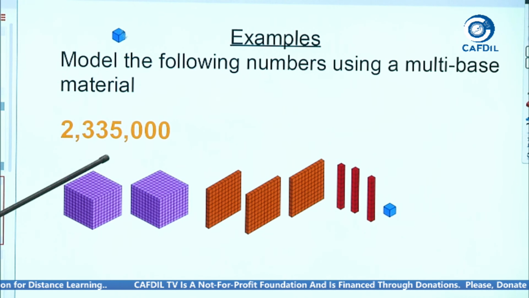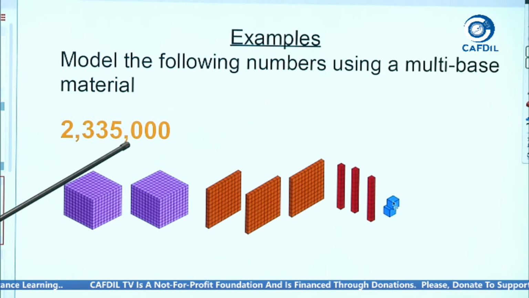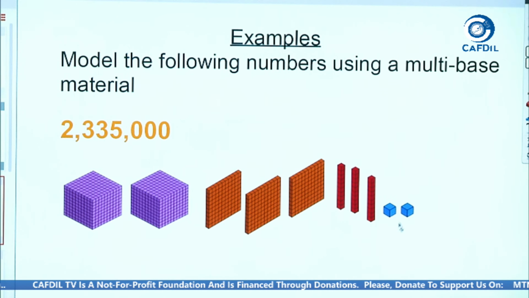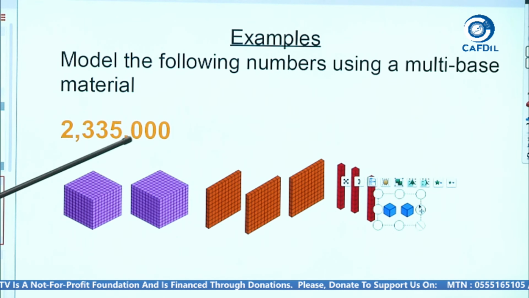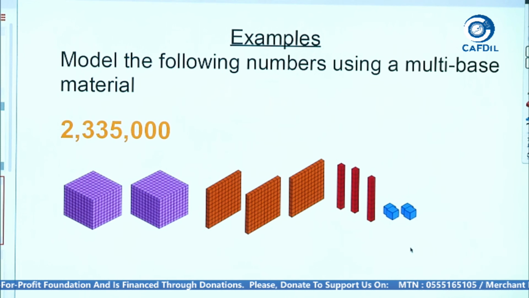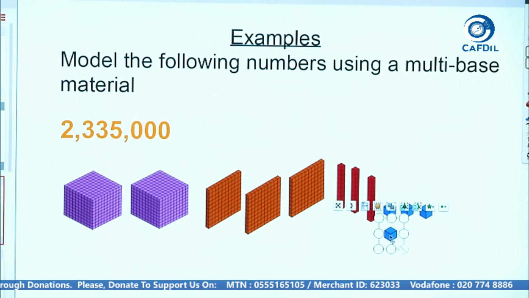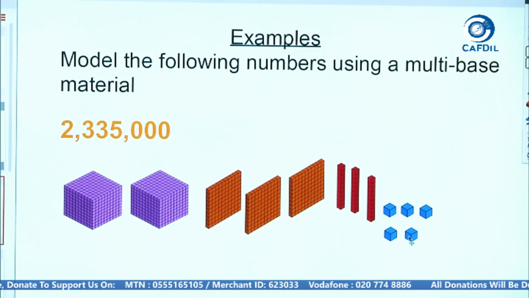We have to model 5 because 1 is 1,000. So the 5,000 here, it means we will need 5 units. Very good. We have modeled the number.